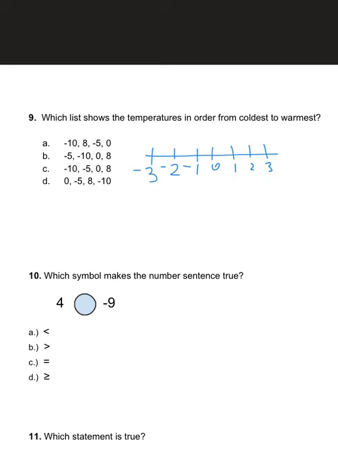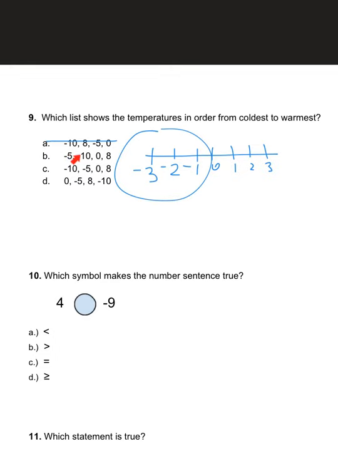Colder temperatures are going to be in the negative, so I want my negative numbers to come first. Looking at answer choice A, I do start with a negative, but it goes negative, then positive, then negative, then positive. You can't have a mixture of positive and negatives like that. That's not in order. So answer B: -5, -10, 0, 8. The negatives do come first, so that may be my answer.